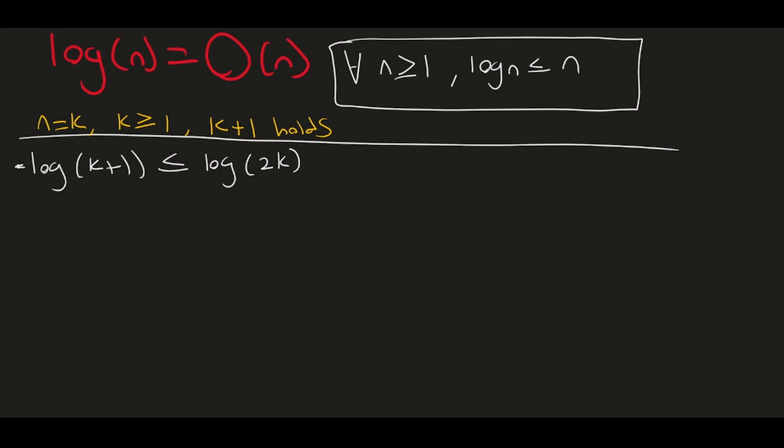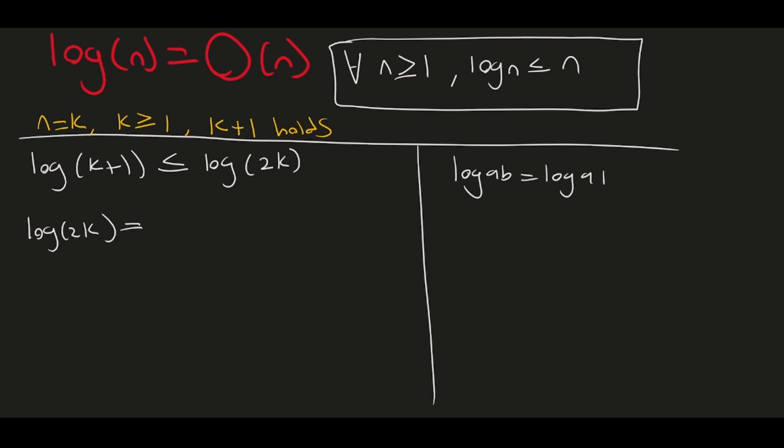We're going to go off this fact. Now let's evaluate log 2k instead. We know that this is equal, by the product rule, to log k plus log 2. Remember, the product rule is log ab is equal to log a plus log b.